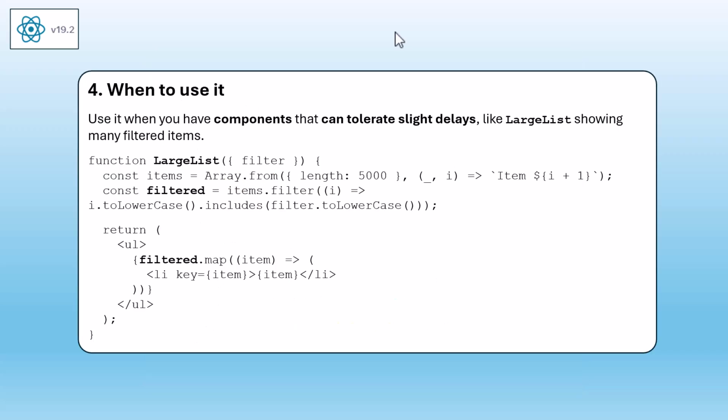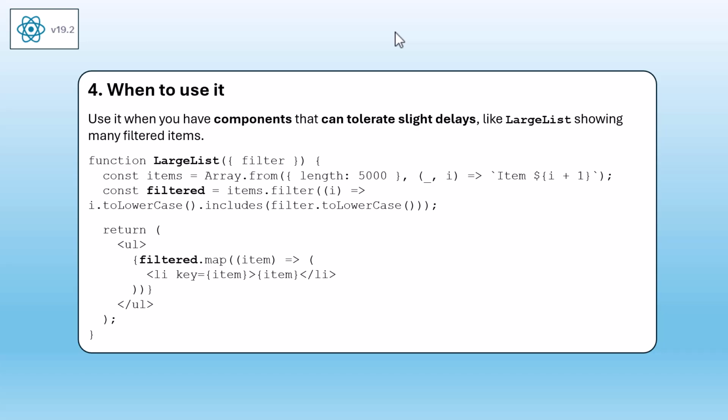4. When to use it? You should consider useDeferredValue when you have a part of the UI that depends on a rapidly changing value, for example user input, and is expensive to render or update. You want to keep the input or primary interaction instantly responsive while accepting that the dependent UI may update a bit later.